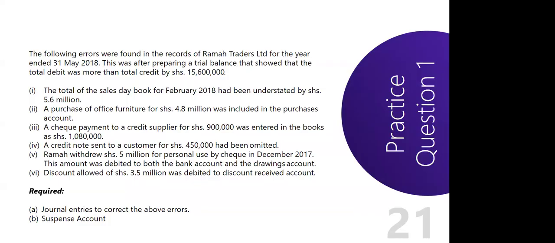Does this error, is it detected by the trial balance or it's not? You have your purchases of office furniture and the normal purchases. Does it affect the trial balance?